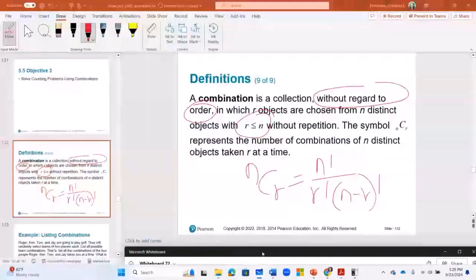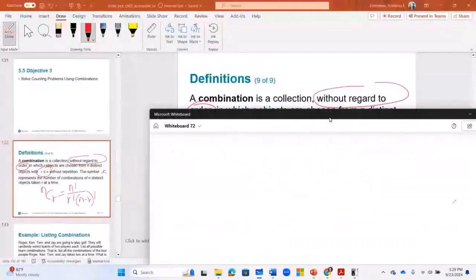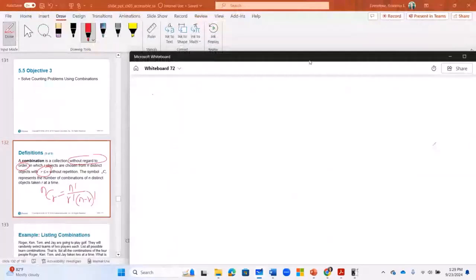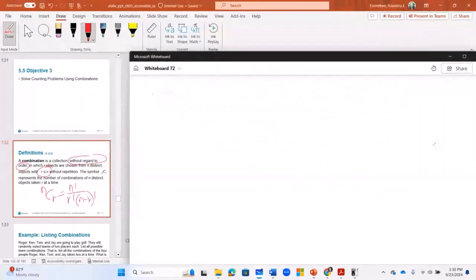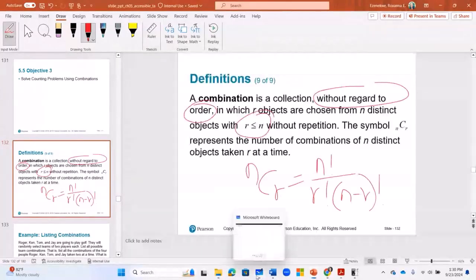So what is factorial? Factorial is, if I say 3 factorial, it means 3 times 2 times 1, but I have to write it down.